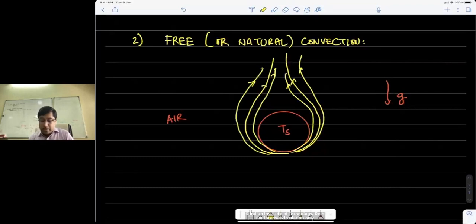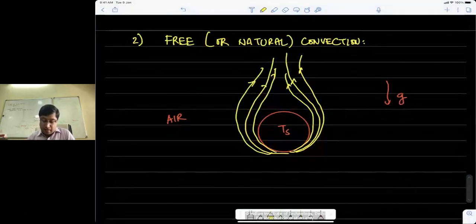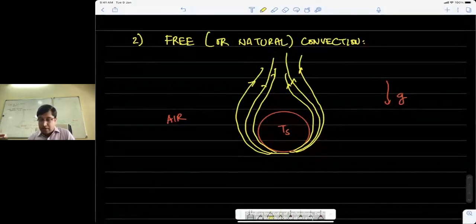But now what this is doing is, because you have fluid rising up, you can now imagine there is heat transfer, and because there is an induced flow because of a density change, we call this free convection or natural convection, because this happens without any external means. We don't have to provide any external power or any external device to induce this motion.